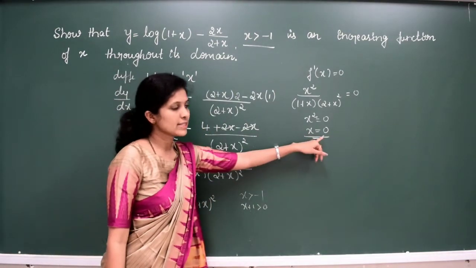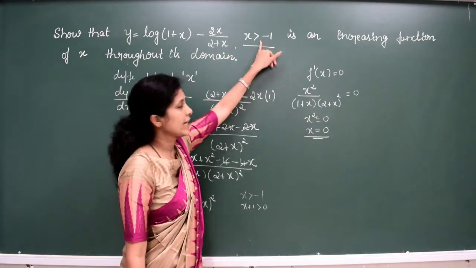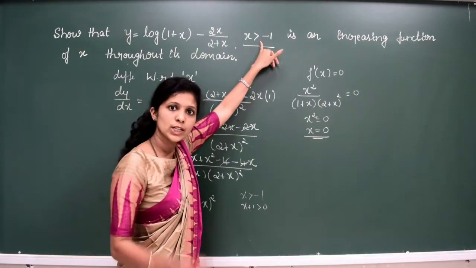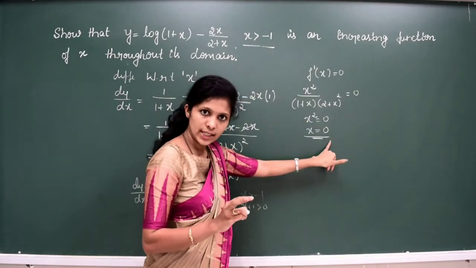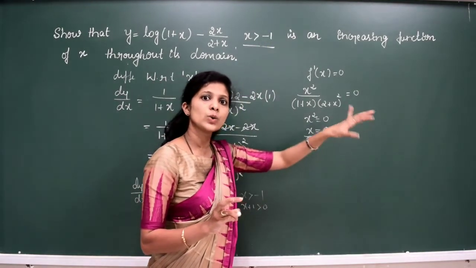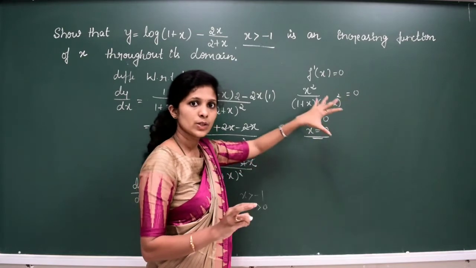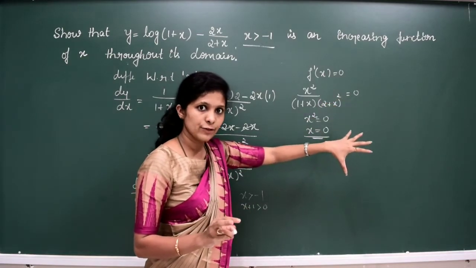So, the value of x is 0, which divides x greater than -1 into 2 intervals. One is -1 to 0, another one is 0 to infinity. Is it clear? -1 to 0 and 0 to infinity.